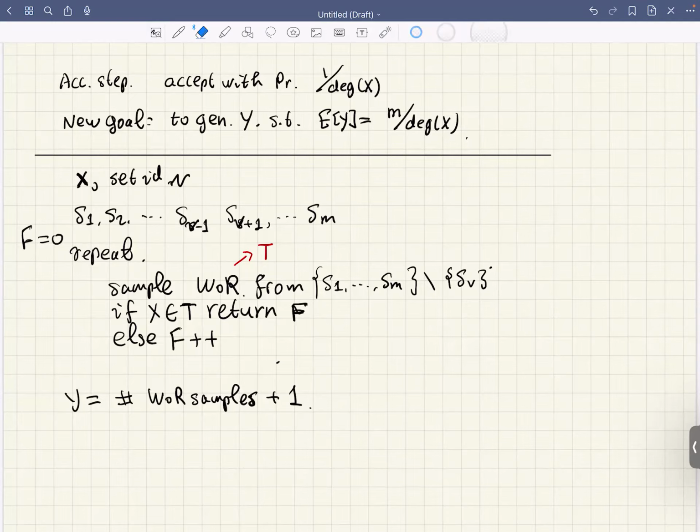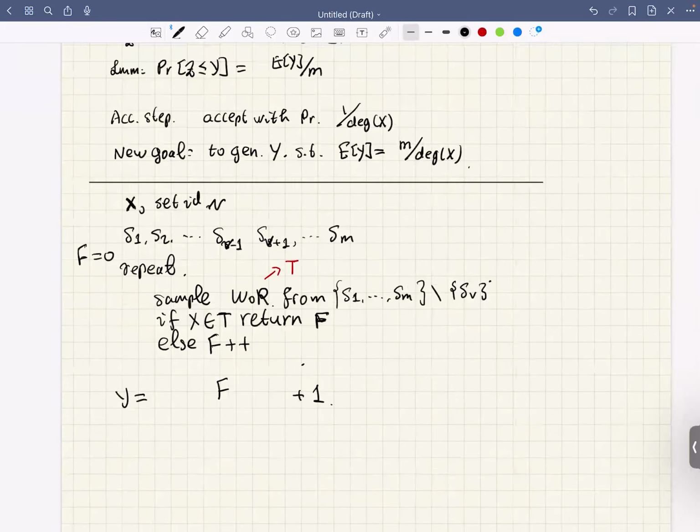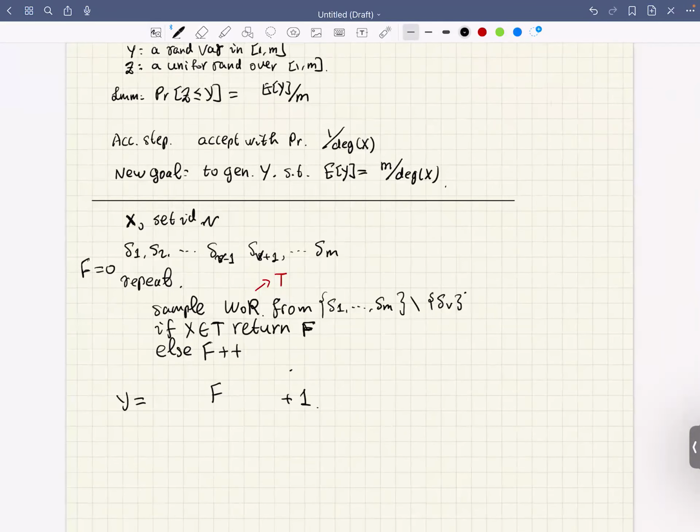So this is the algorithm. This is not completely the same as what I said, because this counting is a little bit different. It's not necessarily how many samples you have. The whole algorithm is going to maintain this f.